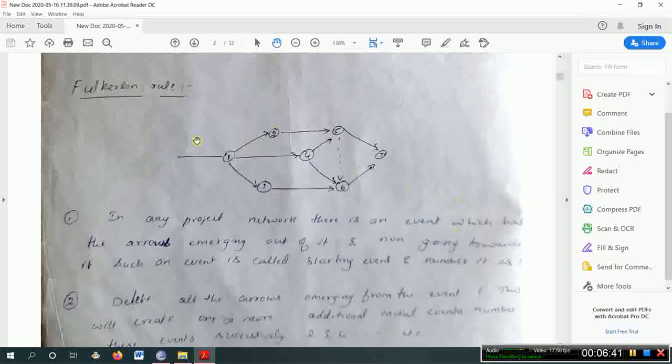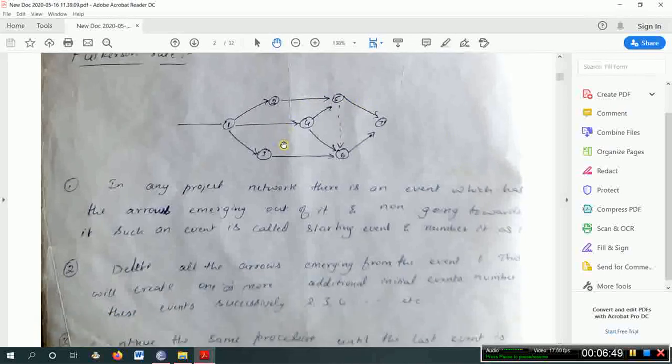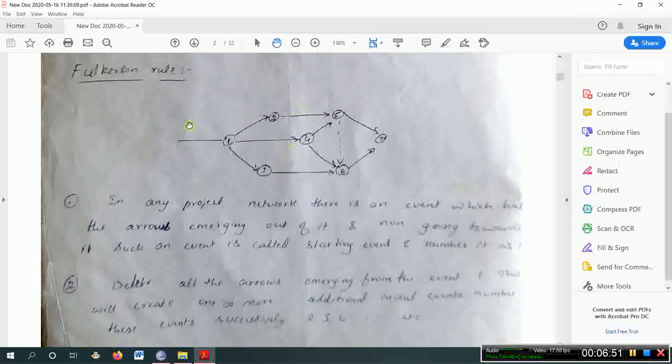And next, this is a network. In PERT and CPM, this is a network-oriented problem. Here we need to number this network. These are all the nodes, and 1 to 2 is an activity.